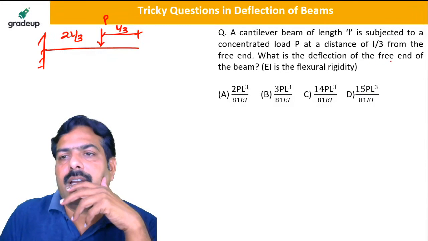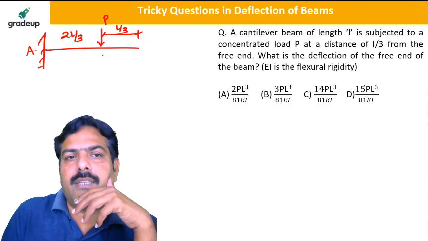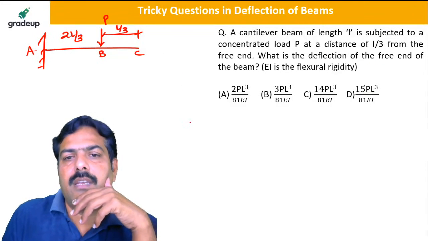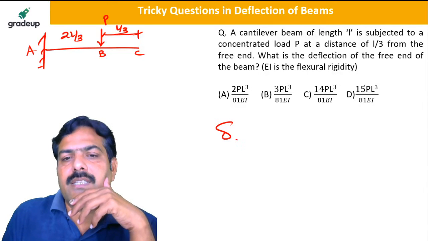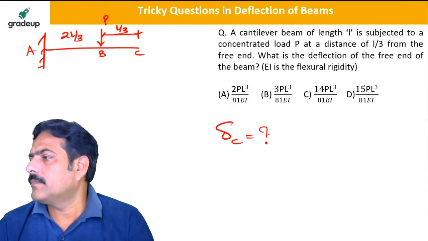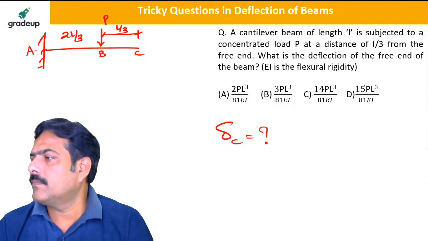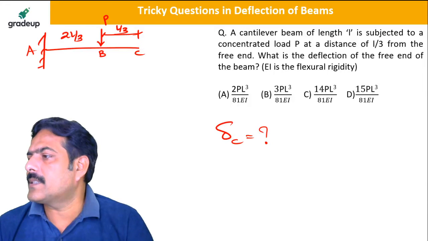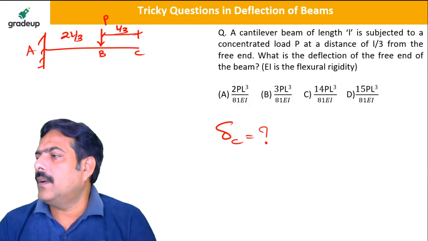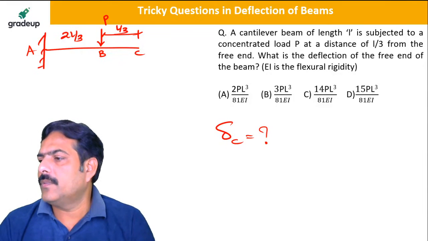What is the deflection at the free end? So this point is A, this point is B and this point is C. So the deflection at point C is equal to, yes, Abhinandan, it is WL cube by 3EI, not 2EI.